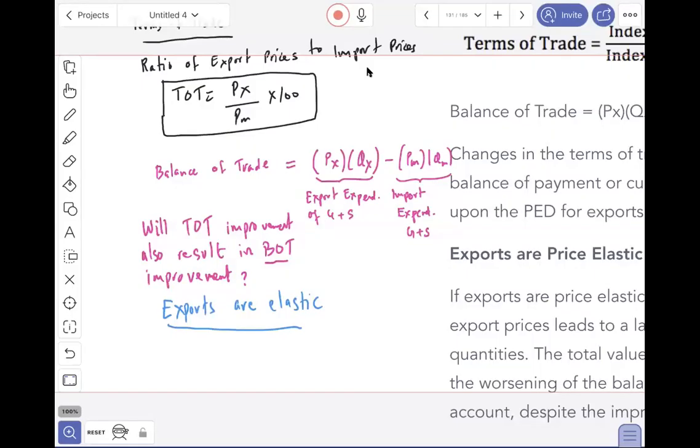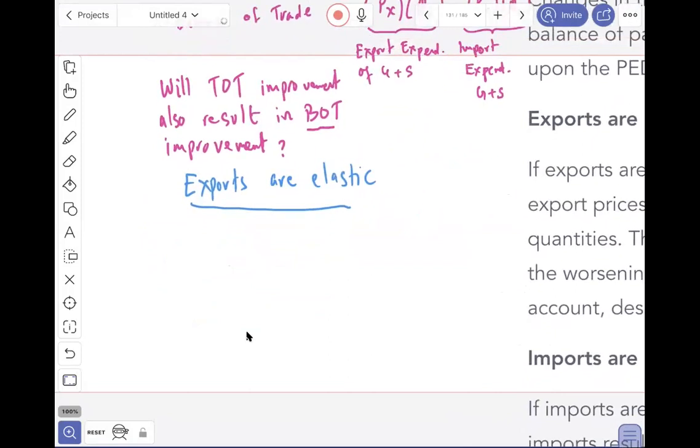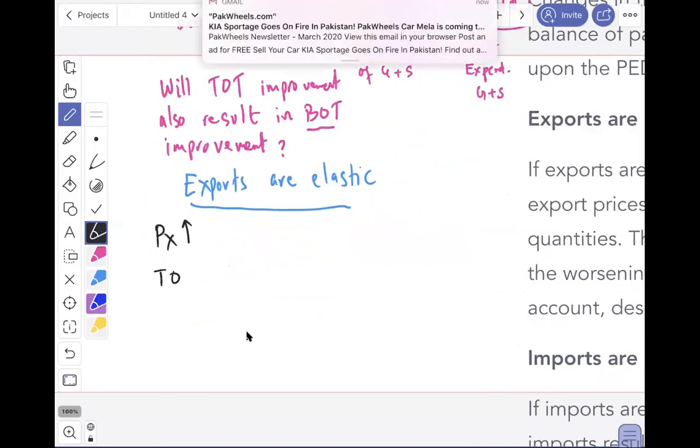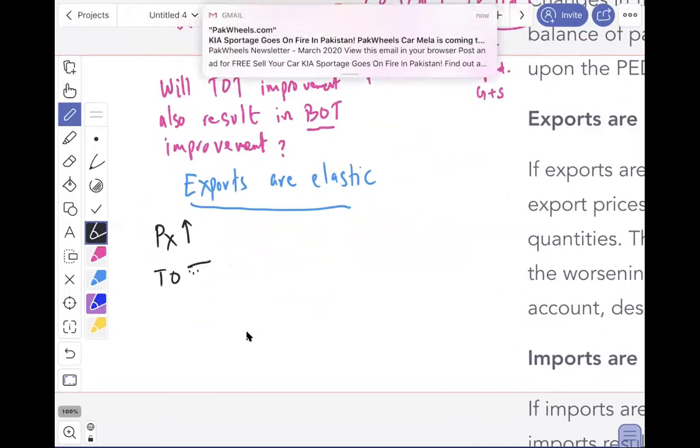So let's look at the relationship between them. First, let's assume that exports are elastic. If exports are elastic and price of exports is going up, what happens to terms of trade? The answer is the terms of trade.